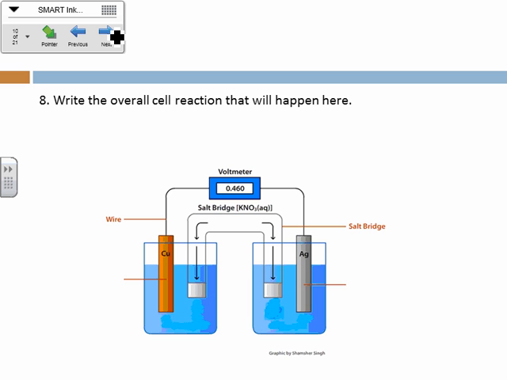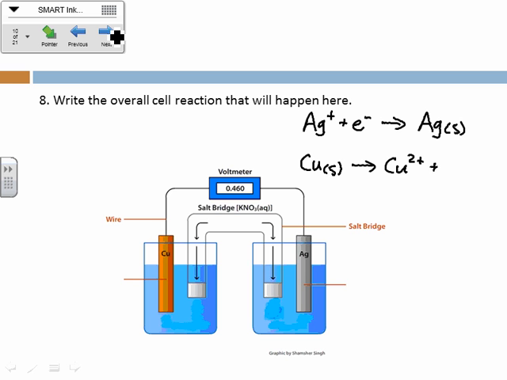So again, the cathode reaction that we talked about is Ag plus an electron going to solid Ag. The anode reaction, which is the oxidation, is going to be solid copper going to copper 2 plus plus 2 electrons. So in order to write the overall reaction, we've got to get the number of electrons balanced, so we have to multiply the top equation by 2.